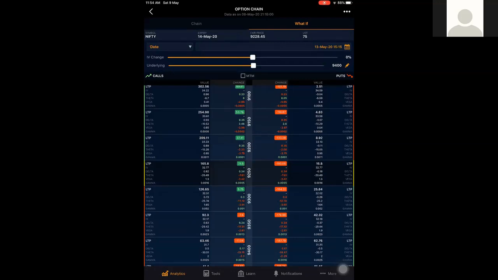So why will someone have the time element in that option? It will behave more towards the intrinsic. So you see that 9300 call is just 126, which is as on today only. Though the market has moved up 150 points, almost 170 points, still we don't end up making.